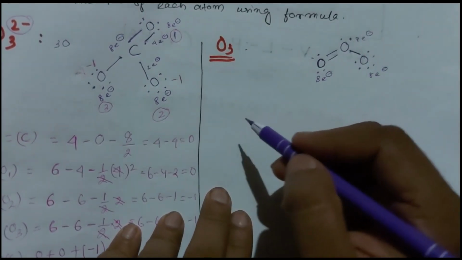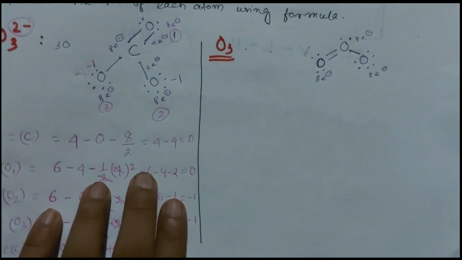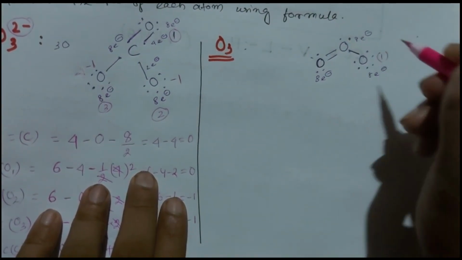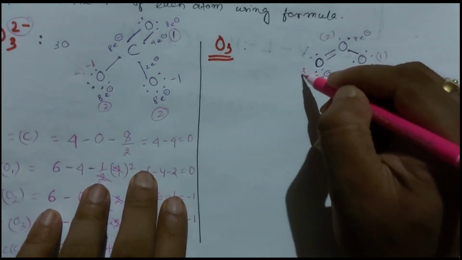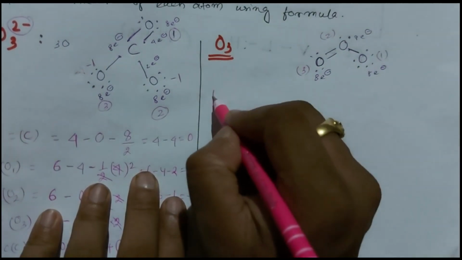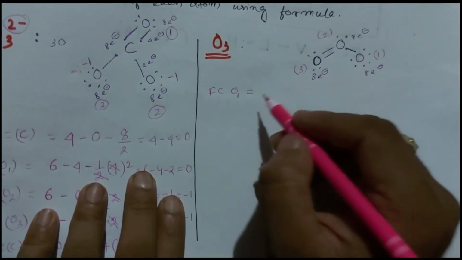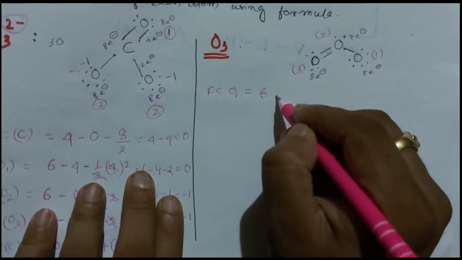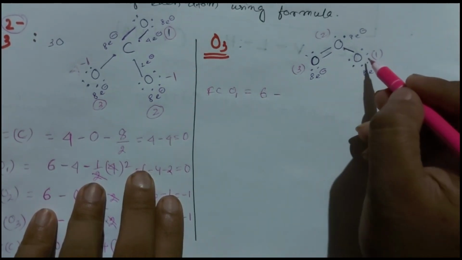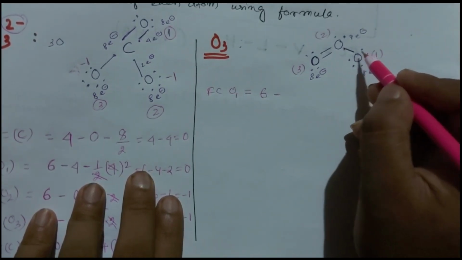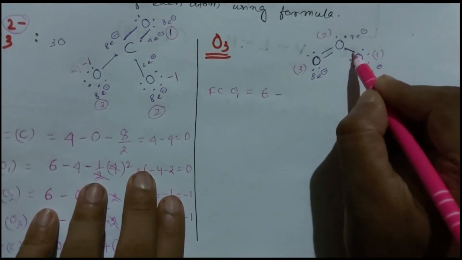Next we will go for the third step, that is calculation of the formal charge. So this is oxygen number 1, this is 2 and this is 3. Formal charge on oxygen number 1 is equal to total valence electrons of oxygen, 6, minus half of bonded electrons. Bonded electrons is 2 here.